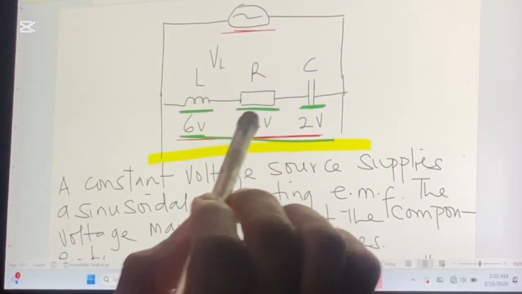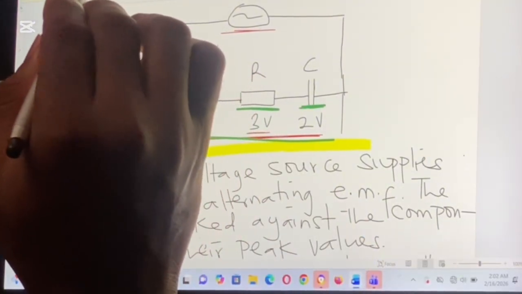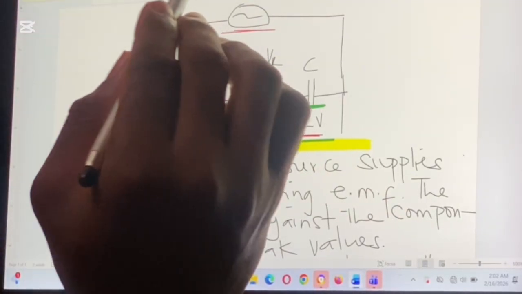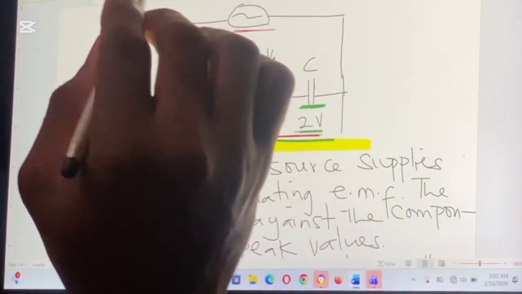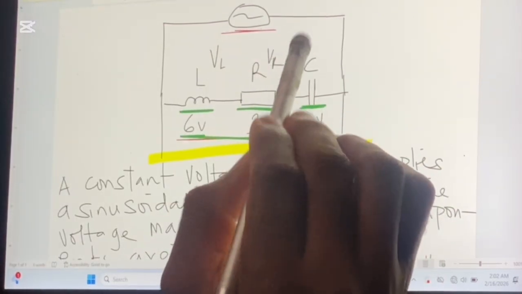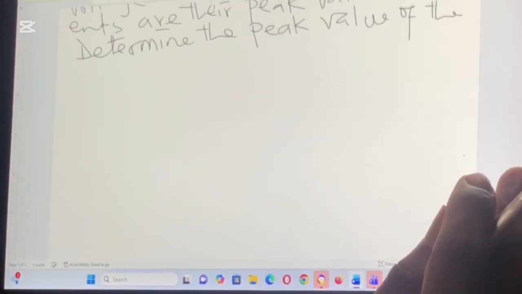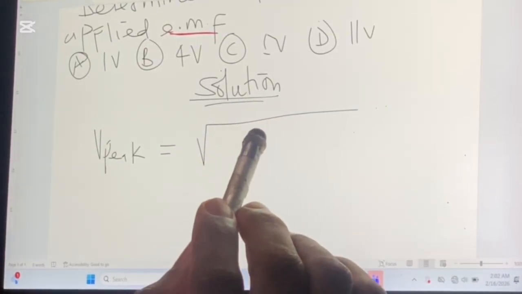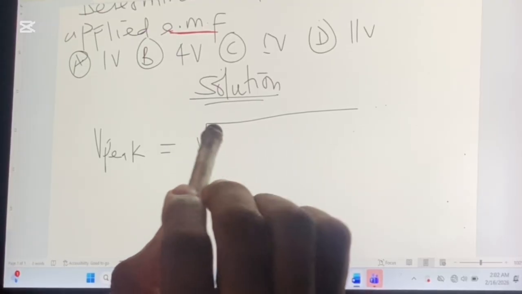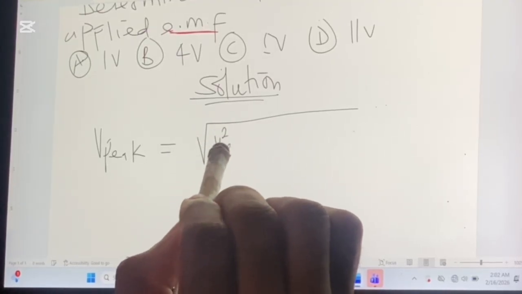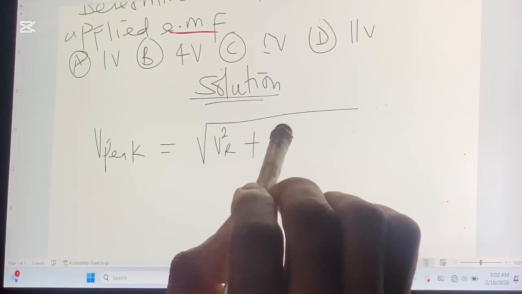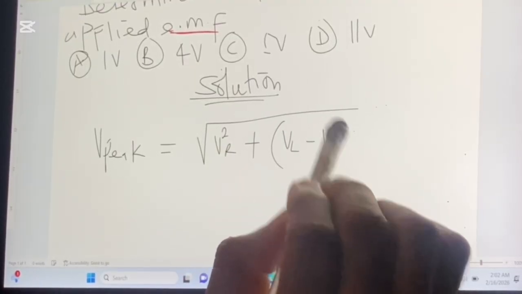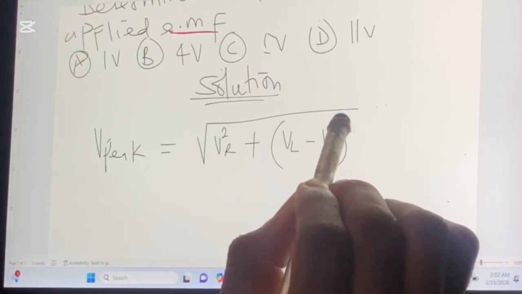The second one is called the voltage along resistance, that is VR. The last one is called the voltage along capacitance, that is VC. So V peak will be equal to the square root of VR squared plus (VL minus VC) all squared.